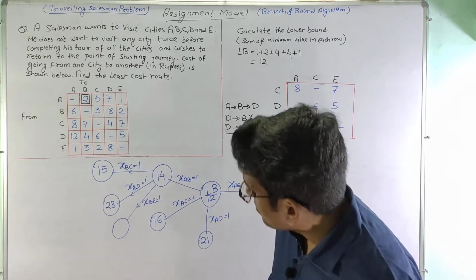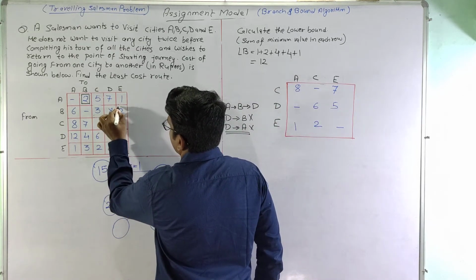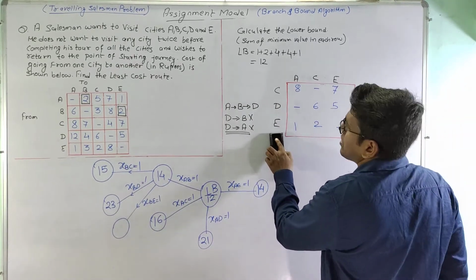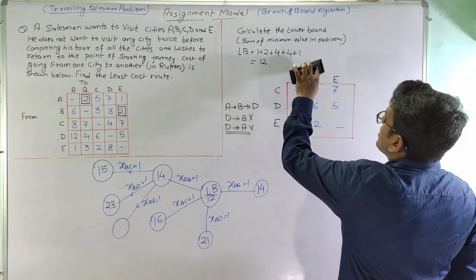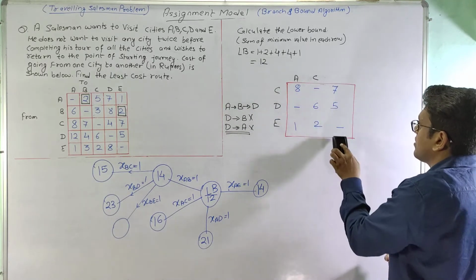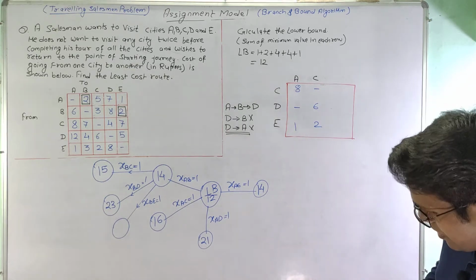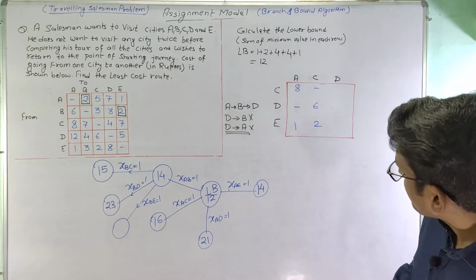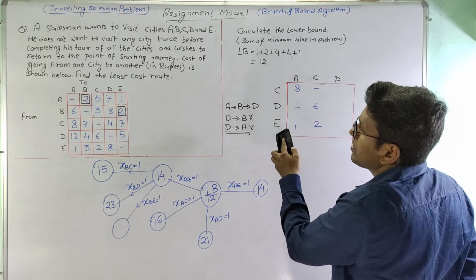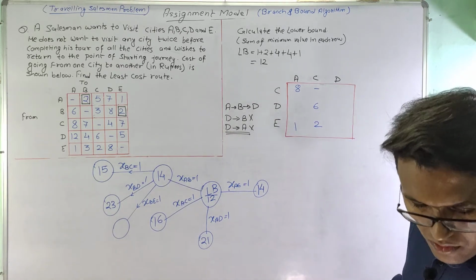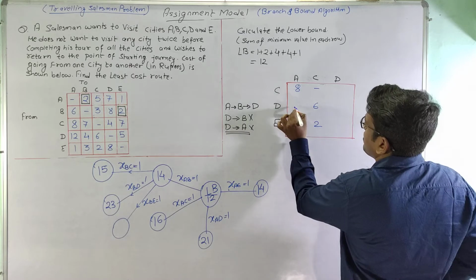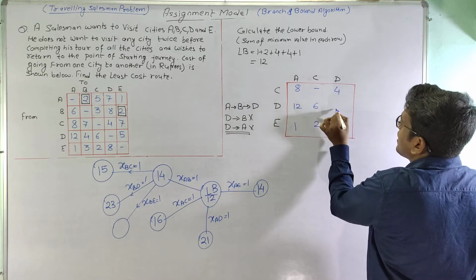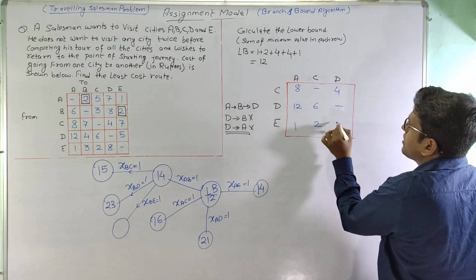So let us assign this value BE, and the matrix here changes to the form A, C and D. The values here will be D to A will be 12, C to D is 4, D to D is dash, E to D is 8.